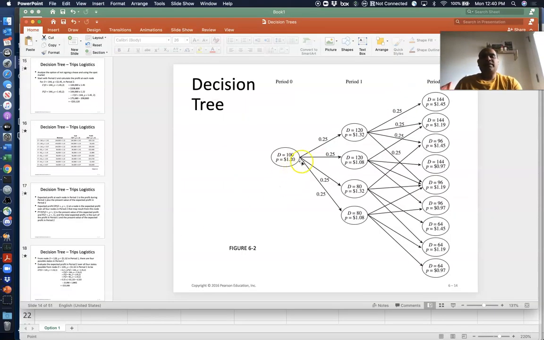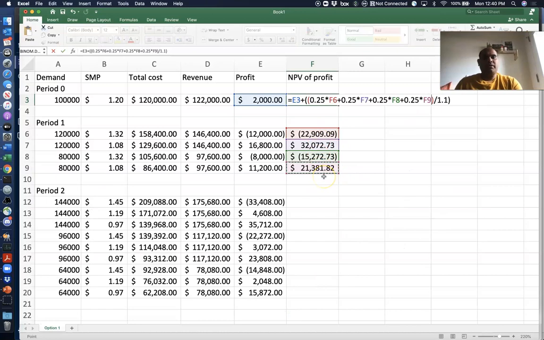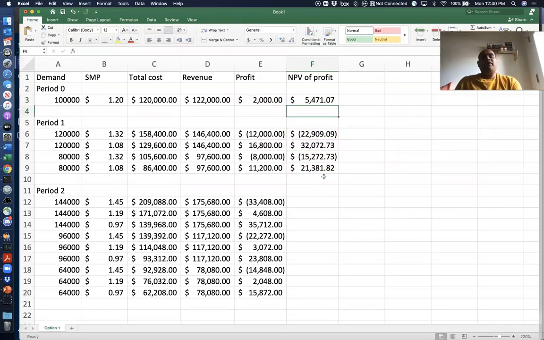I hope you understand that it comes from these probabilities. There's a 50% chance that demand goes up and a 50% chance that price also goes up. So what is the probability that demand and price both go up? It's 50% times 50%, which is 25%. So that's where the 0.25 comes from. Anyway, there you go, $5,471.07. That's the net present value of buying everything on the spot market.